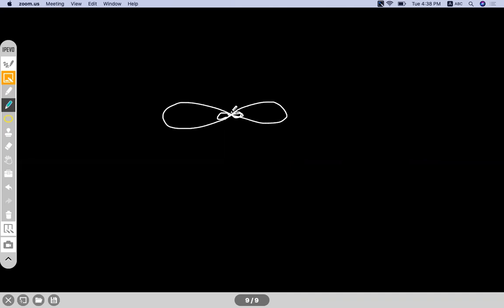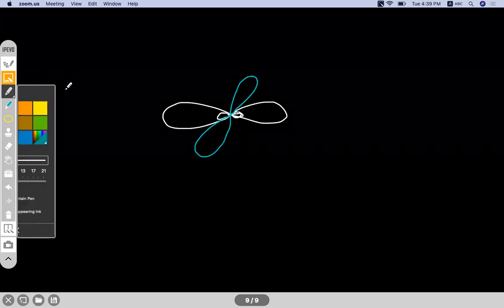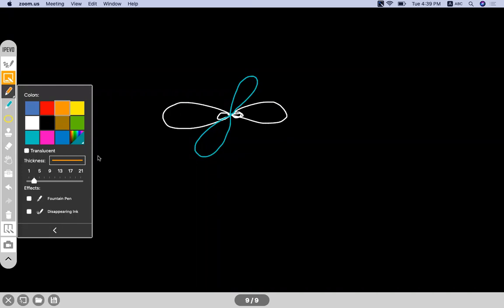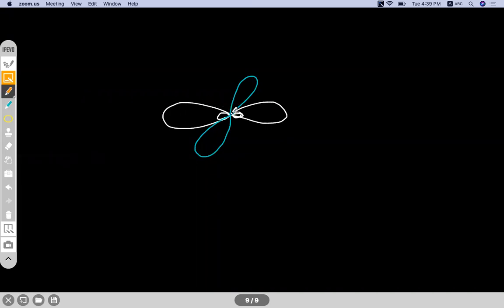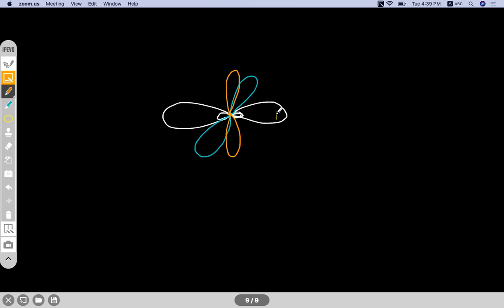So one atomic orbital is this, and the other atomic orbital is this. Okay, this is for carbon. All these orbitals have one electron. So here we have 1, here we have 1, here we have 1, and here we have 1.